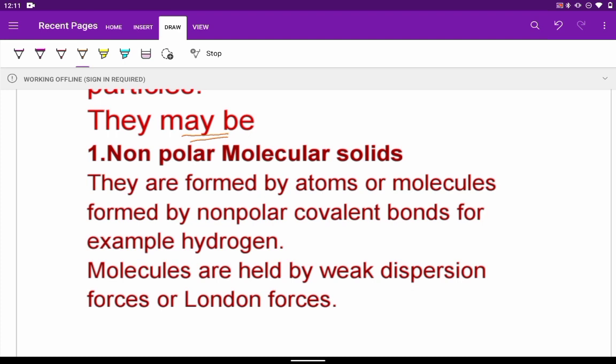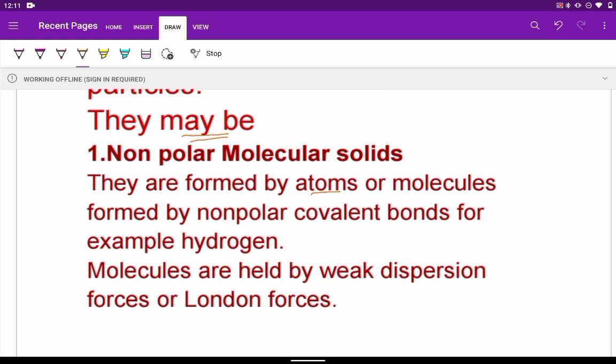Either they are made up of atoms only, as in argon, helium, that is the noble gases, or they may be molecules as in the case of hydrogen, chlorine.